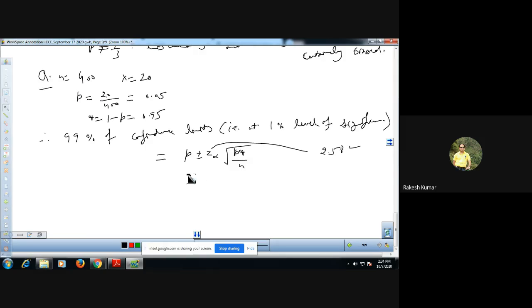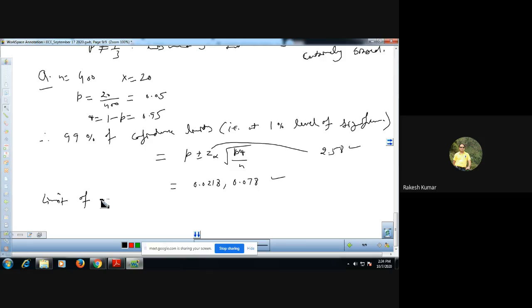Now you can substitute all the other values. This is plus minus, which means you will get two values: one after adding and one after subtracting. One value is 0.0218, and 0.07 will be the other value. So these are the two limits, one is the lower limit, the second is the upper limit. We want the limits for the percentage of defective items. For percentage, we need to multiply by 100.